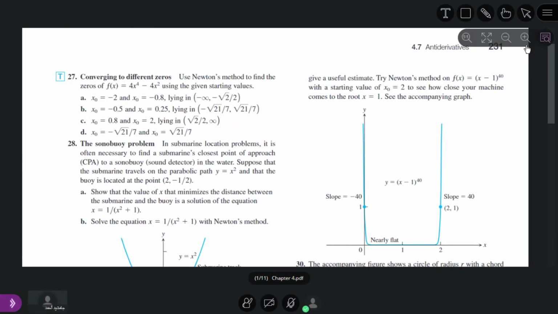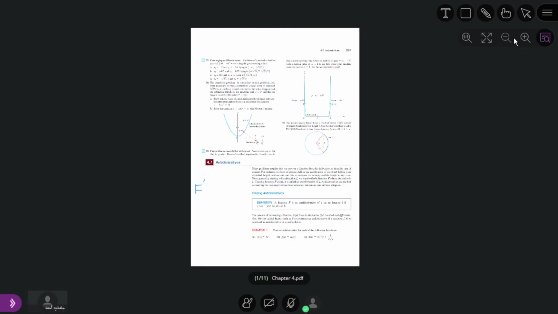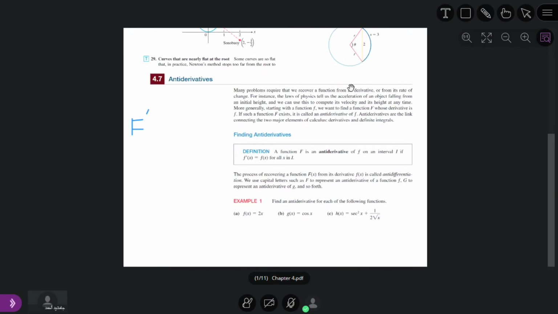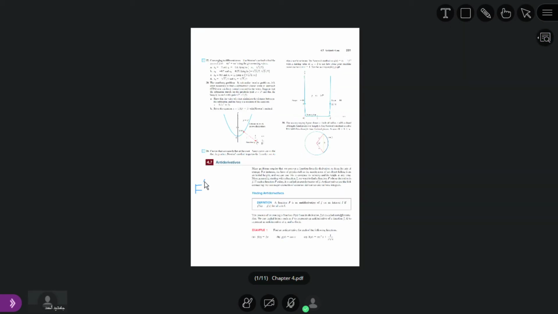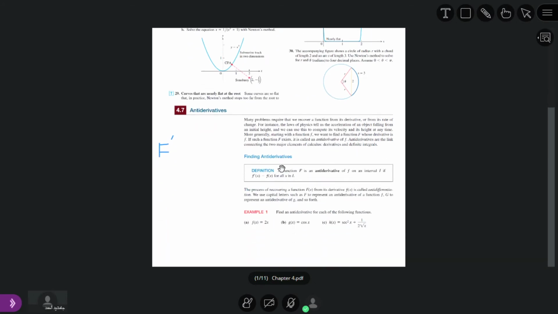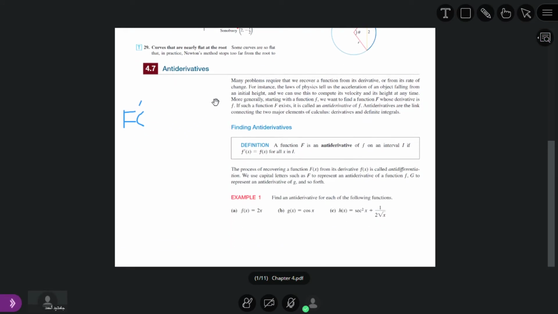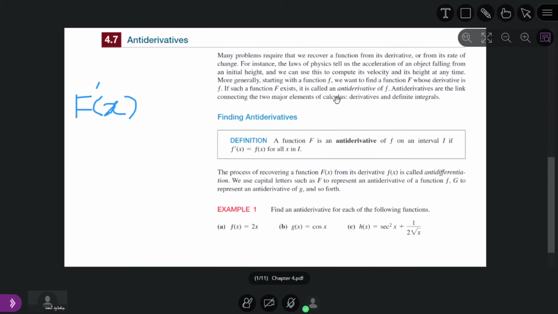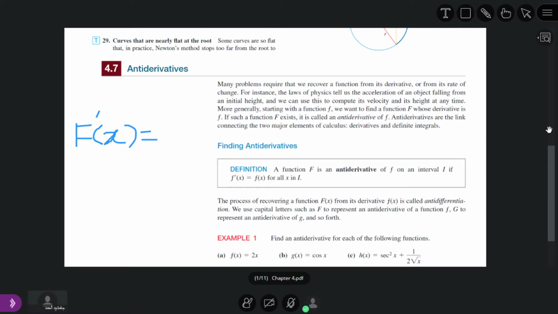Every student can enlarge the picture. Double click on the book and you can enlarge it, no problem. So here, F capital of x dash, which means the derivative of this, is equal to small f of x. If this condition is satisfied, then capital F is called the antiderivative of the function f.